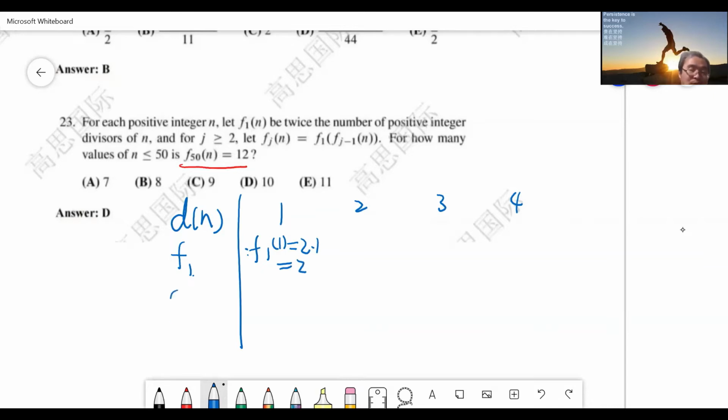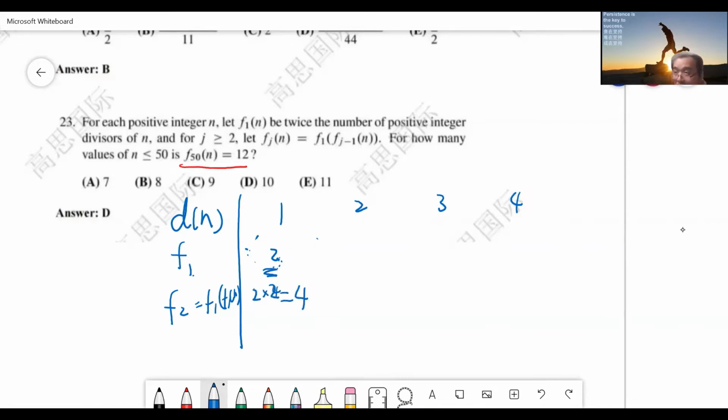Then we look at f2. This is 2, so we look at f1 of 2. 2 has 2 factors, so that's 2 times 2, equal to 4.